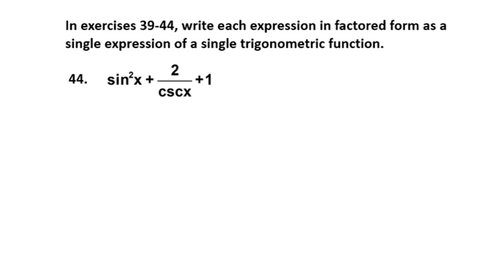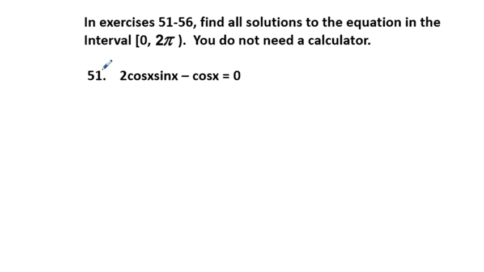The next one we're going to go to is exercise 51-56. Find all solutions to the equation in the interval from 0 to 2 pi. You do not need a calculator. Okay, well, we're going to use factoring as much as we can here. We look for a common factor between these two terms, 2 cosine x sine x and minus cosine x. So our common factor is going to be cosine x.